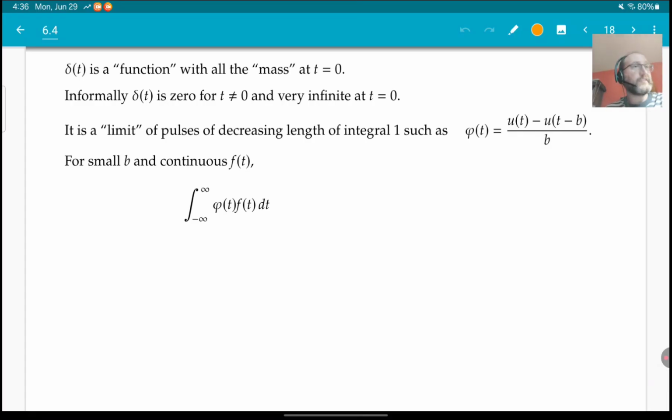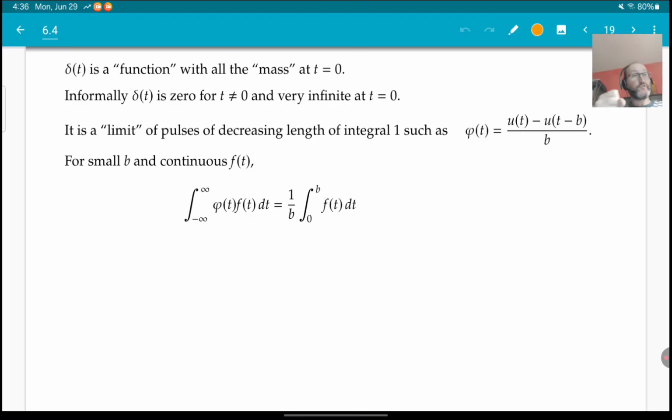Let's look at why it works. Take small b, positive but very, very small, and some continuous f, on this interval. Let's see why this is f at 0, in the limit as b goes to 0. What is phi? Phi is basically 0 except on the interval from 0 to b.